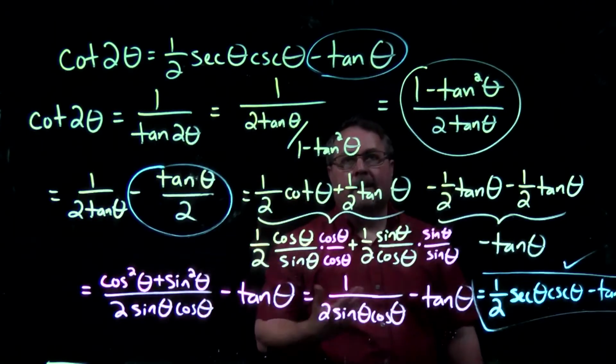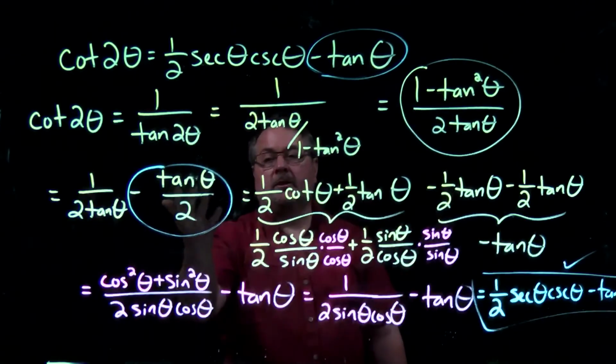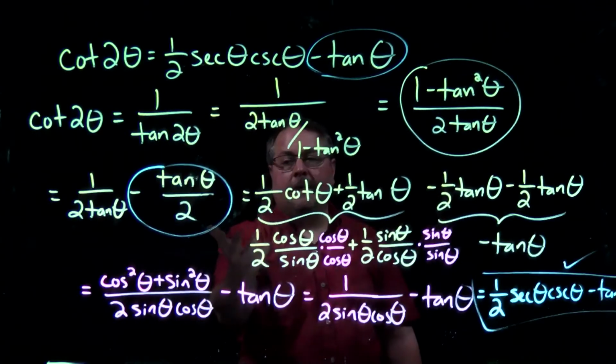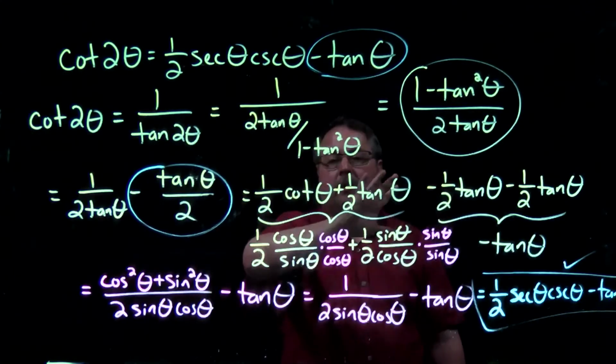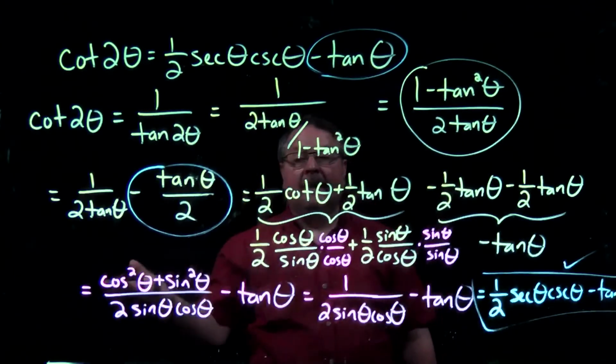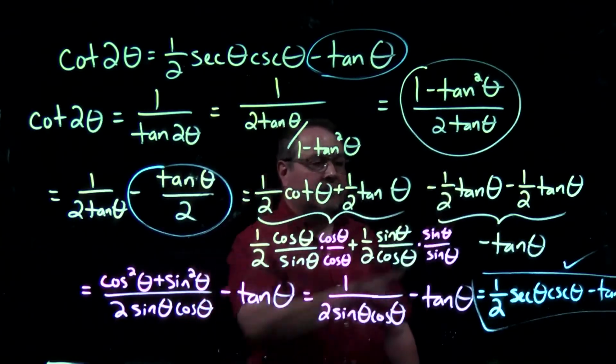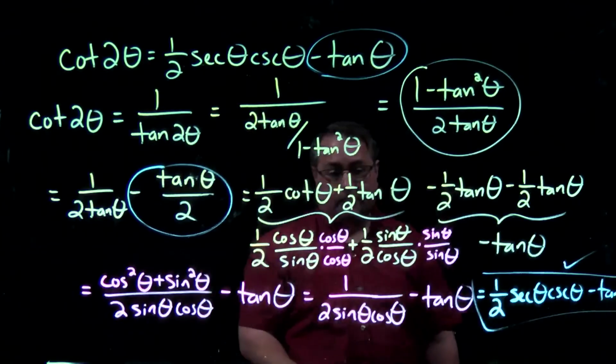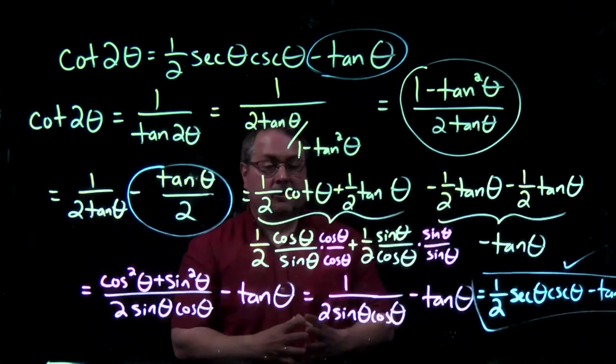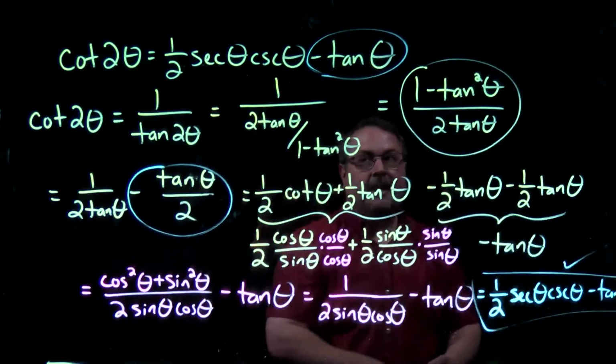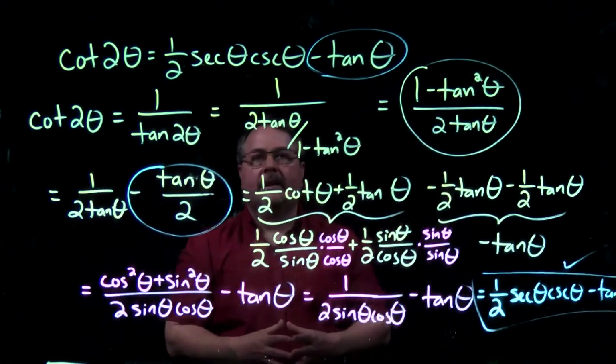We wanted to subtract a full tangent theta, so what we can do is subtract another 1/2 and then add another 1/2, and that doesn't change our term because we're adding 0, but then we can combine the minus 1/2 to get a minus tangent theta. And we take the sum here and we combine them and show that they equal the 1/2 secant theta cosecant theta.